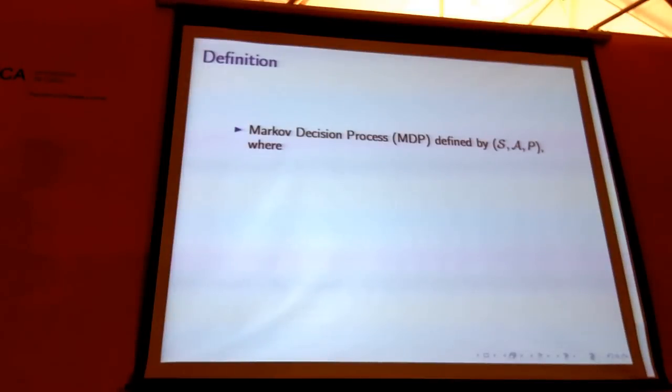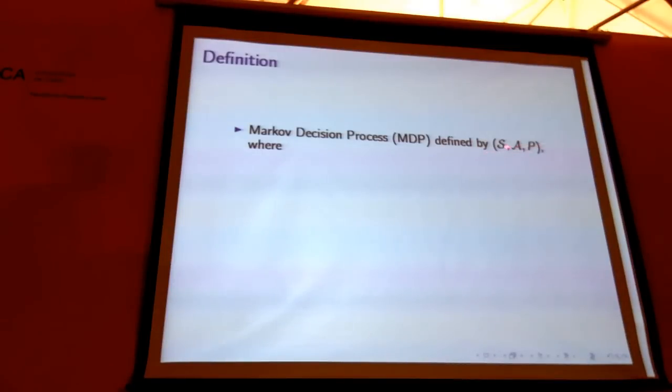Okay, so now time for some actual technical material. I'm going to start off by just defining a Markov decision process. A Markov decision process is defined by a tuple of several things. Here are three things.